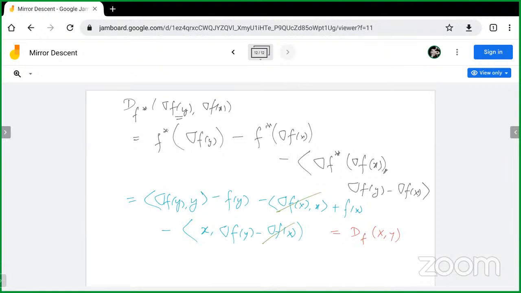So it's a cool property. Essentially, it says that in the dual space, the divergences match if you take the gradients and swap the order. That's the picture.